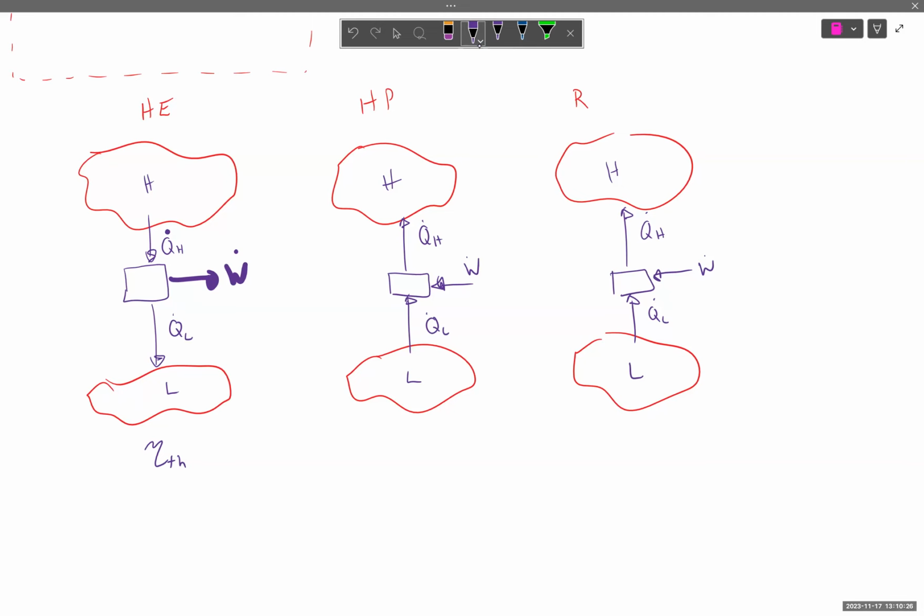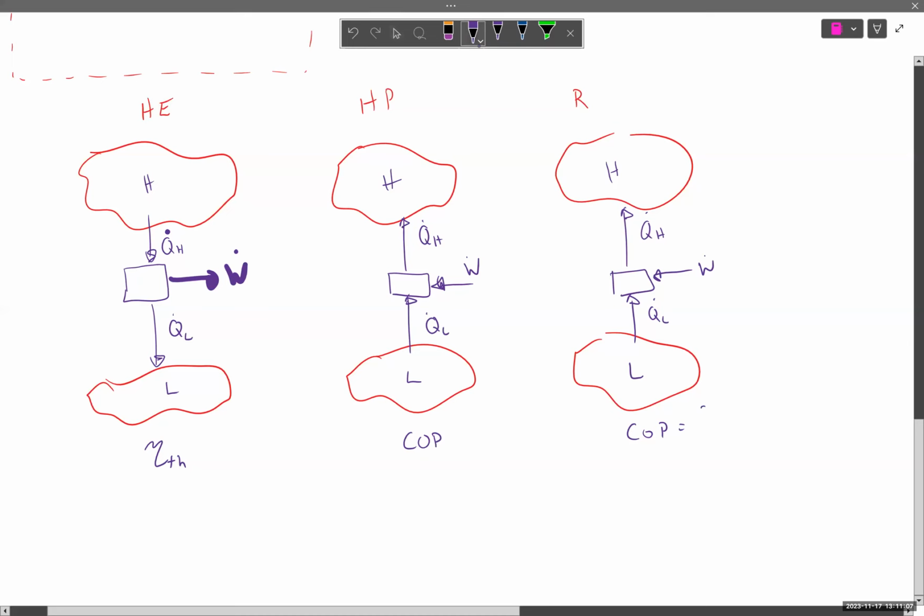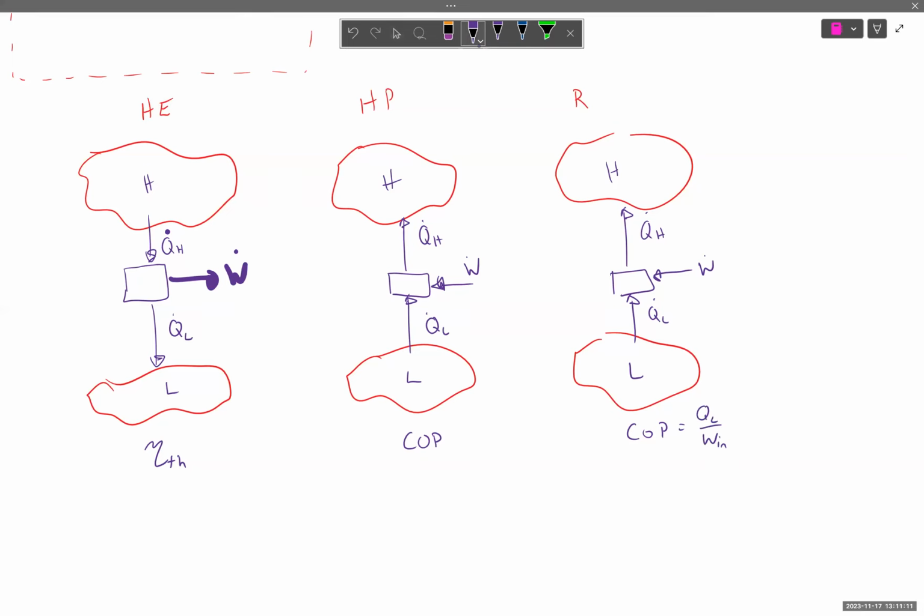And we said, well, my thermal efficiency doesn't totally make sense for the heat pump and the refrigerator. So I'm going to talk about something called COP, coefficient of performance, for each of those cases. And for the refrigerator, there's a whole bunch of different forms of this. So be sure to go back to it. We said QL over work in.